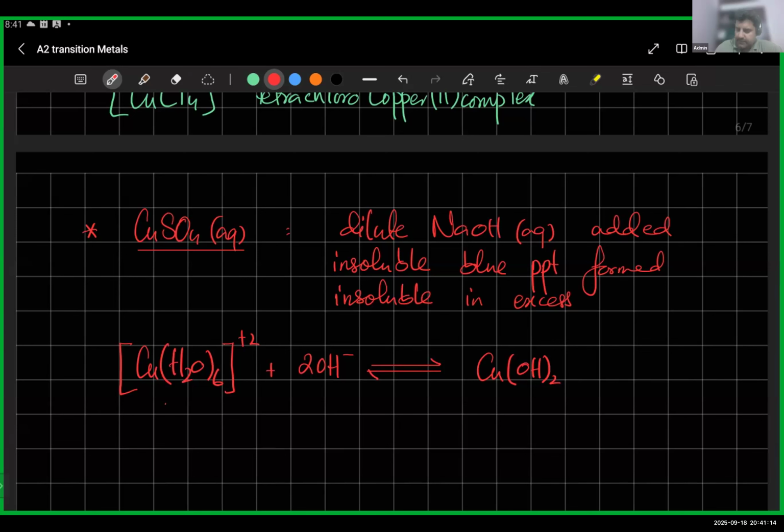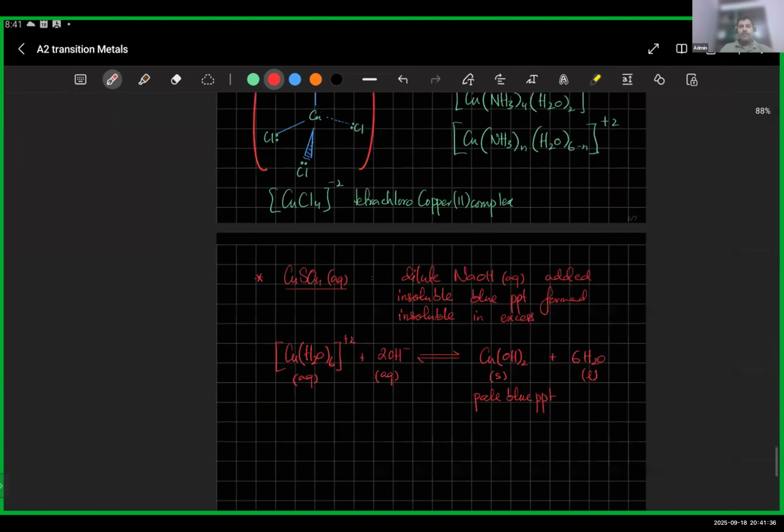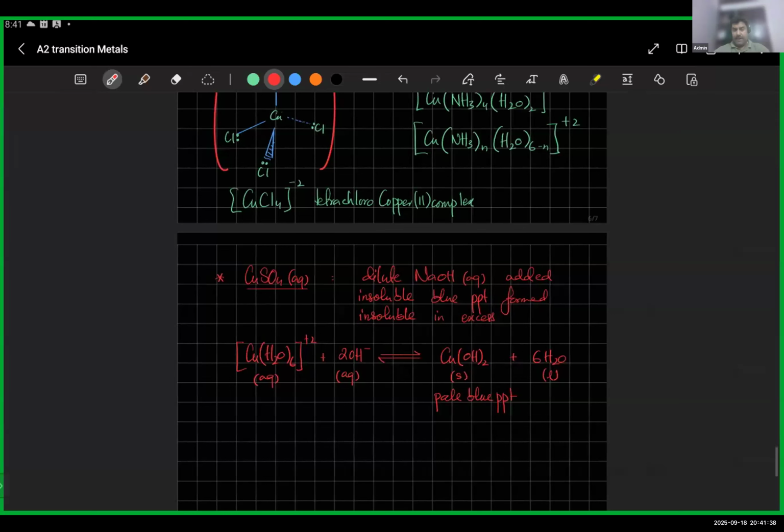This was aqueous, and they ended up forming a solid precipitate. The 6 water molecules got knocked out. That's what your pale blue precipitate is. It's exactly the same: we did the diagram, now we're writing the same thing as an equation.